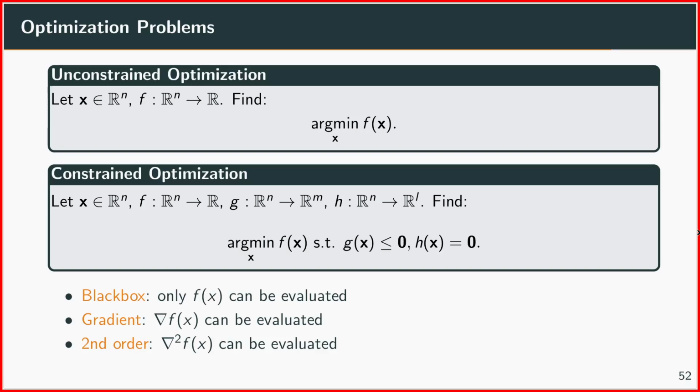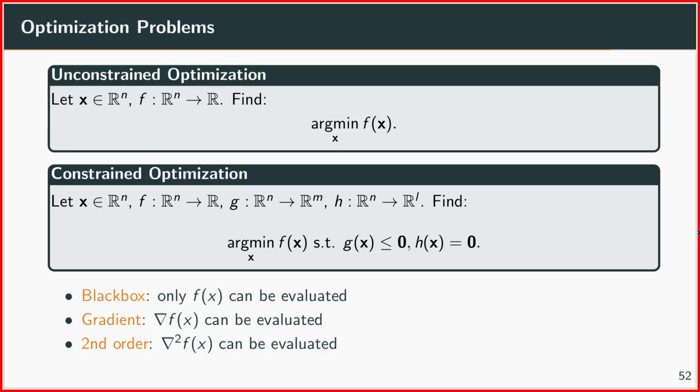And usually we also make a distinction between optimization problems depending on the nature of f. If f can be evaluated, then we call this a black box optimization. And if there are no derivatives which we can compute of f, then this is black box. If we can actually compute the first derivative, then we call this a gradient, and we can also have problems which are second order, where we can also evaluate the second order derivative of f.